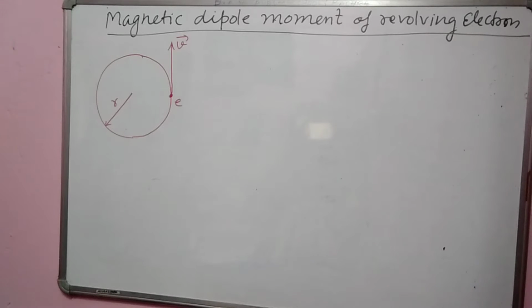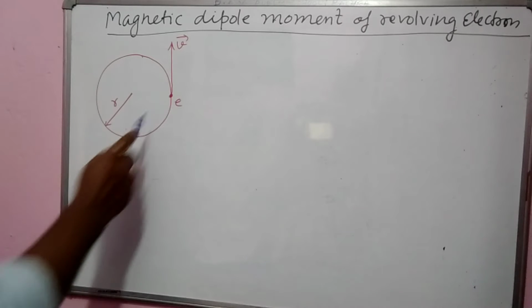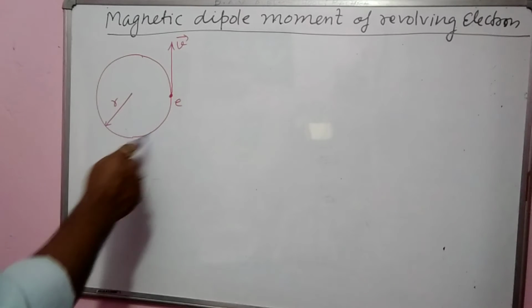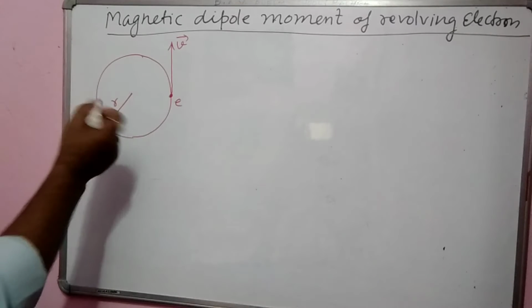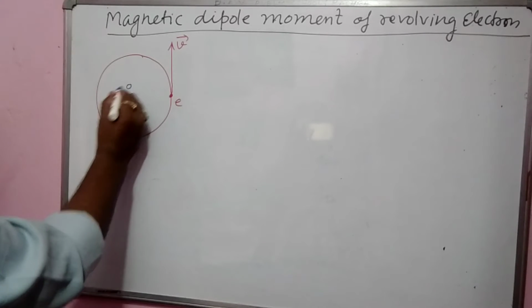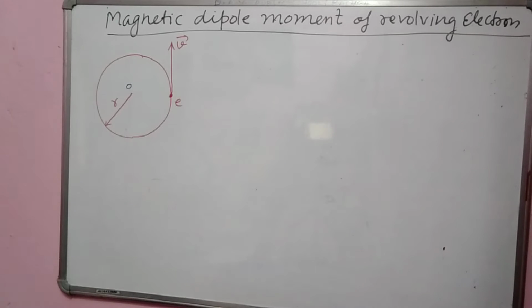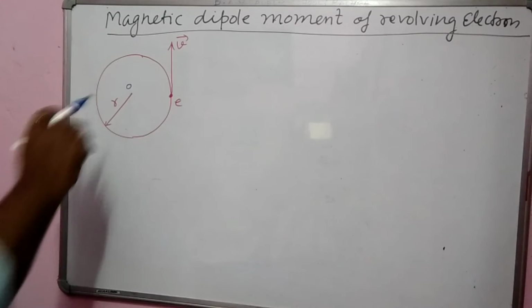As here it is shown that electron is revolving in a fixed orbit, which is circular, and O is the center, or you can say it is the nucleus. Around the nucleus electron is revolving.